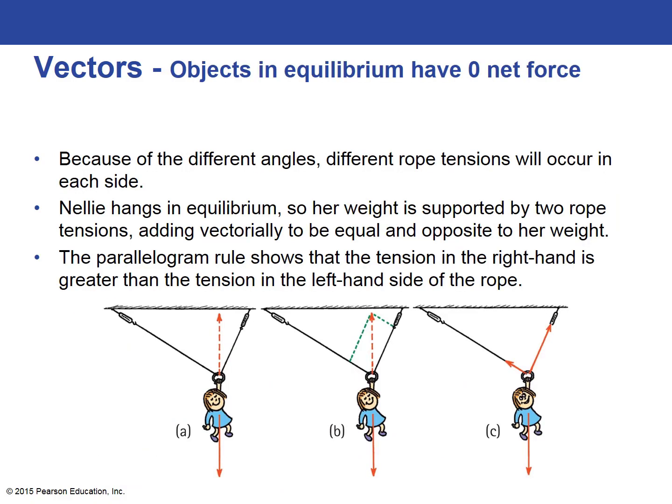This slide illustrates how the principle of the net force acting on an object will add up to zero when the object is not moving. And what you see here is that the girl in the figure is supported by a rope, both ends of which are attached to a ceiling.